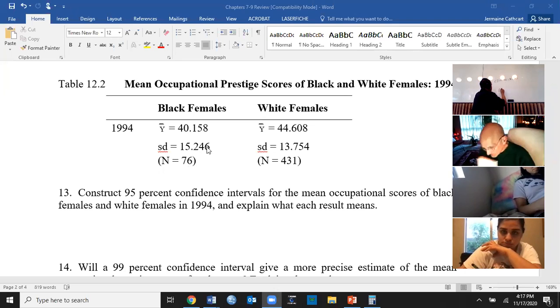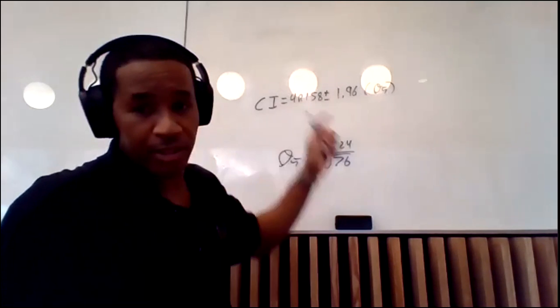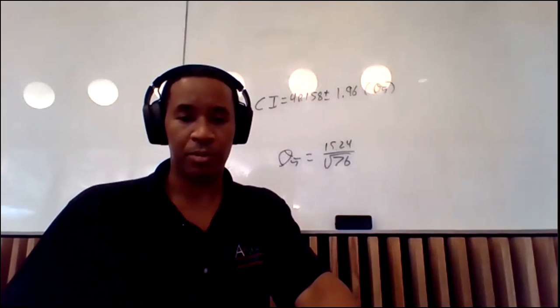So when you find the standard error of the mean, you take the standard deviation, which is 15.246, divided by the square root of n, which is 76. Once we get this, you're going to plug that here, and then we can solve.